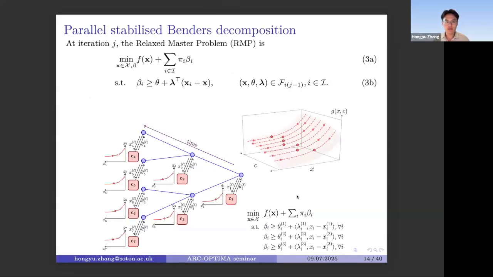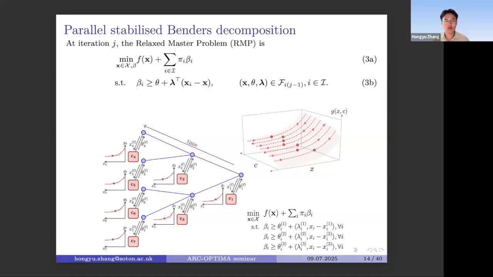So this is a geometric illustration of this Benders decomposition. But again, this is how you formulate the reduced master problem, where you only keep the blue parts, and you still keep all the constraints related to the investment.